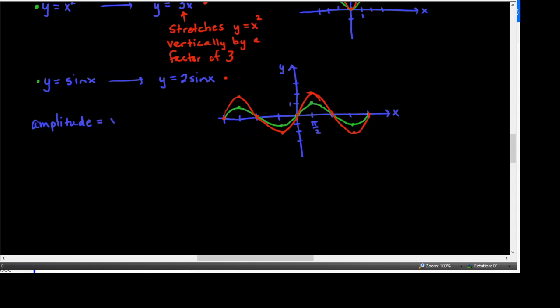It's the vertical distance between a middle value and a high value.